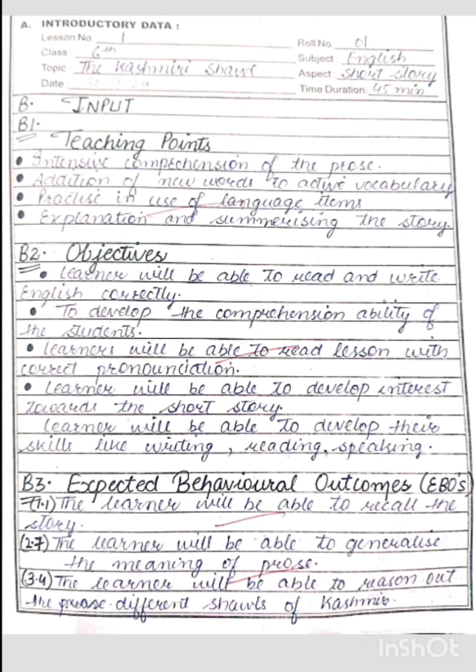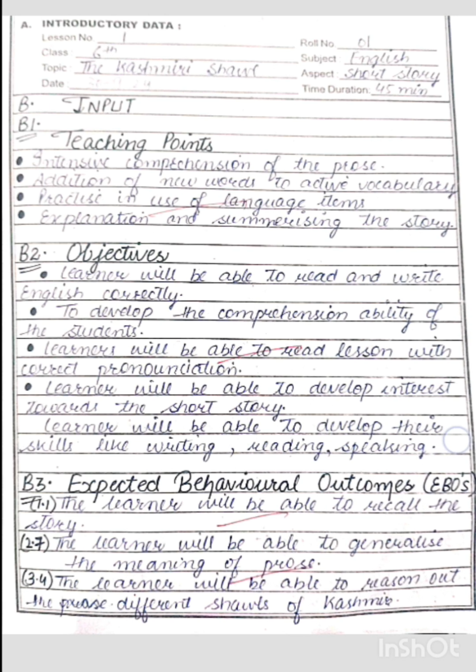And the third point is expected behavioral outcomes, that is EBOs. The first EBO is 1.1: the learner will be able to recall the story. The second one is 2.7: the learner will be able to generalize the meaning of the prose.